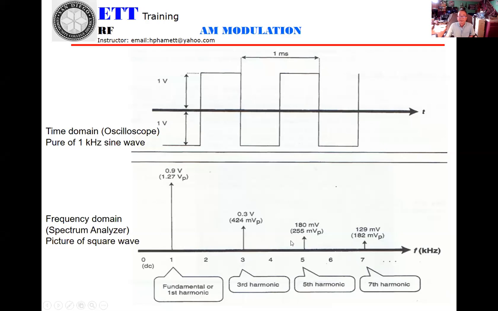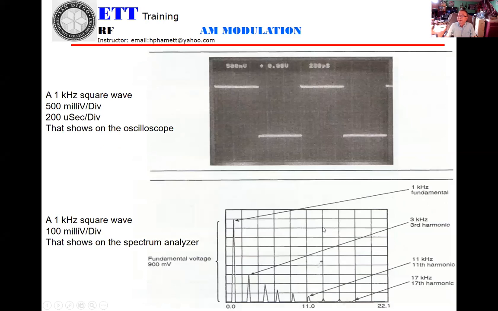Okay, on the question here. Repeat now. Same thing. They just display the square wave on the oscilloscope and the square wave on the spectrum analyzer. So you can see that.